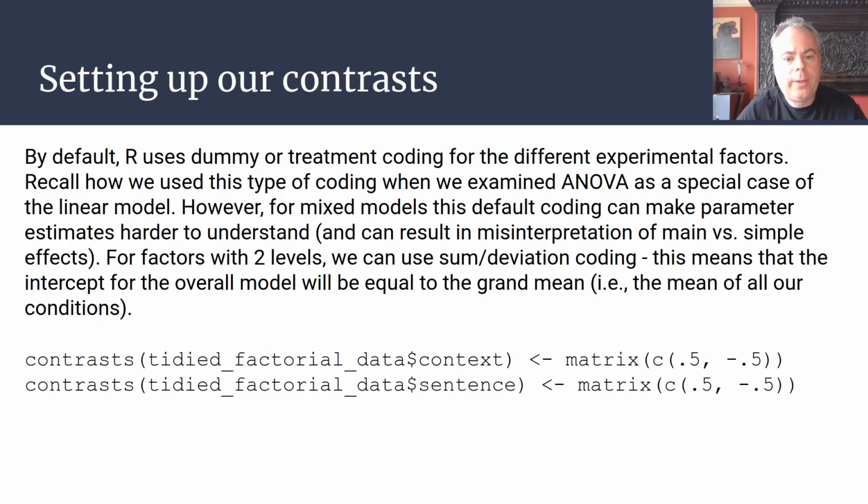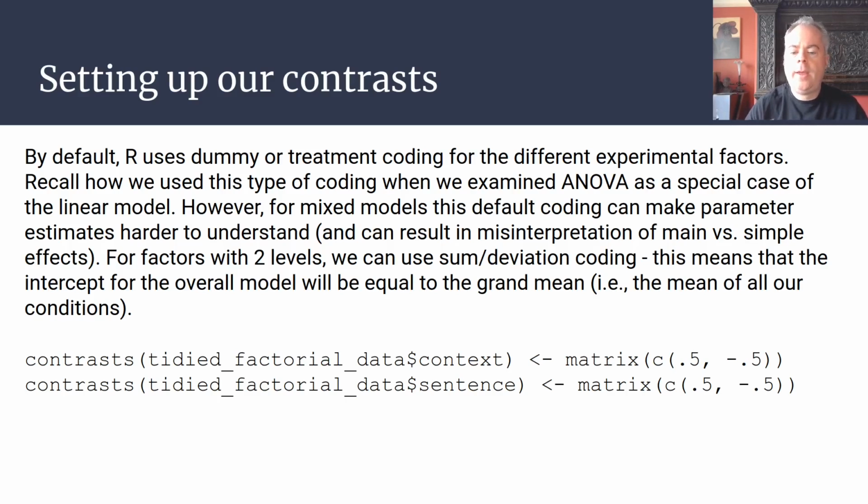So rather than using the dummy or treatment coding that we get as default in R, we're going to use what's known as sum or deviation coding. So the paper explains this in a lot more detail, but basically what this means is that we end up with a mixed model where the intercept of the overall model is equal to the grand mean of our conditions.